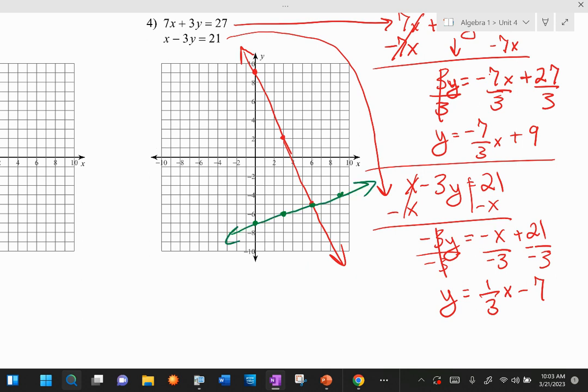Which means our intersecting point is 6, -5. Please go on and do number 8 if you haven't started to do so already.